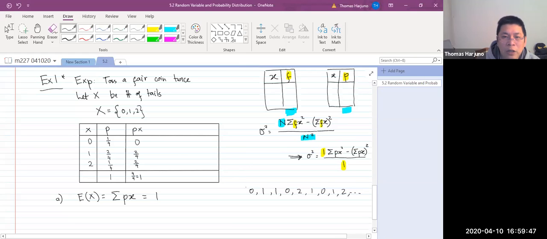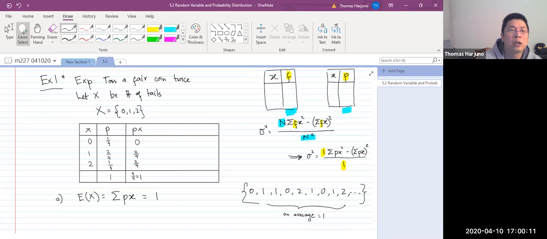Now, if you take the average of these values, as long as you do it many times, you expect that number to be very close to 1. So theoretically, we say that the expected value will be 1. That's what it means.